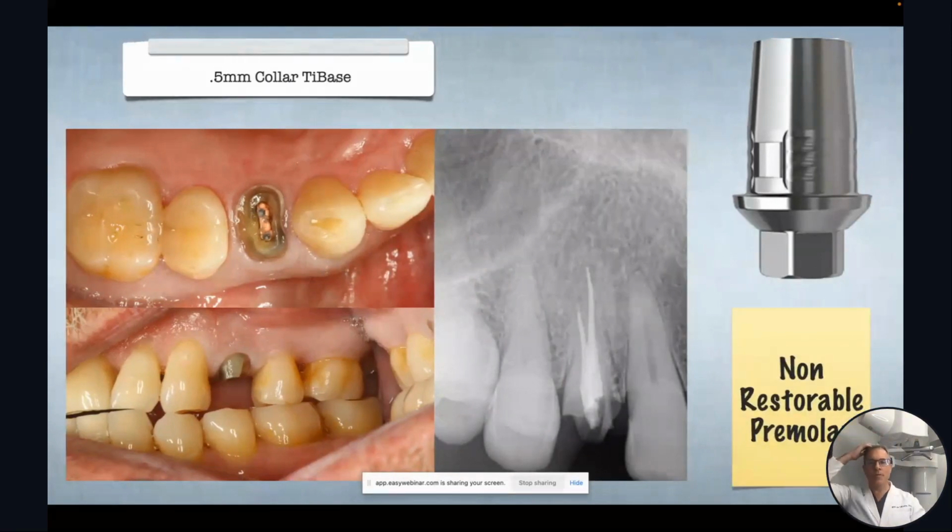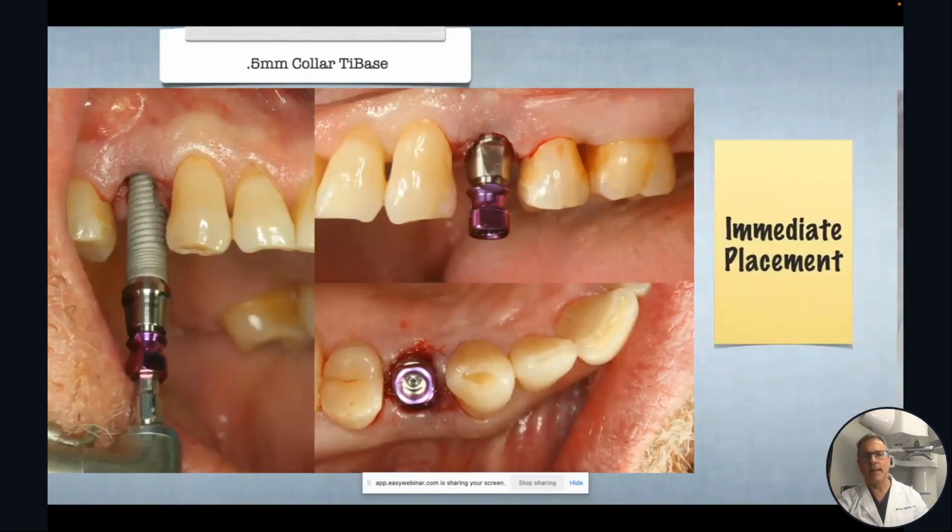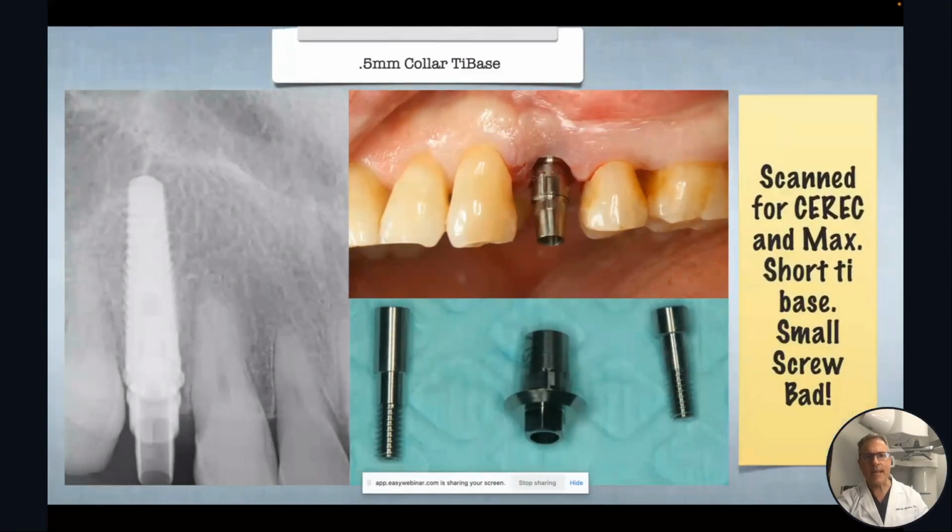So let's talk about old school tie bases, right? This guy came in, tooth broken off, really no ferrule. So we decided we're going to do an immediate implant. We took the tooth out and put an implant in. When it came time to restore it, we used at the time a Dentsply Sirona tie base for the tapered screw-vent implant.